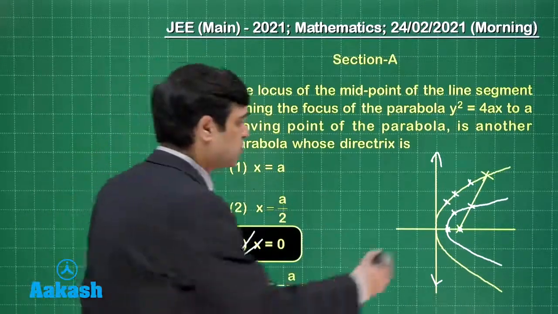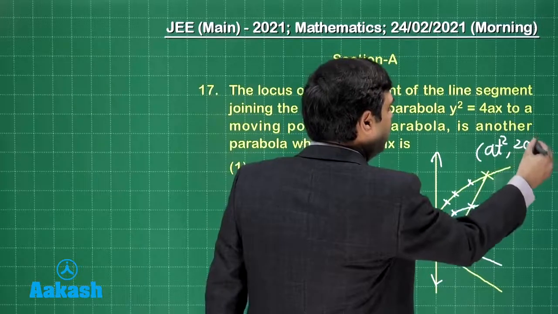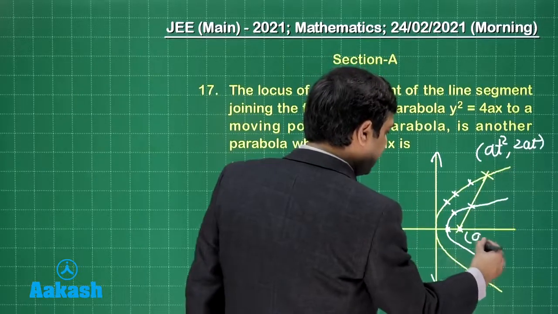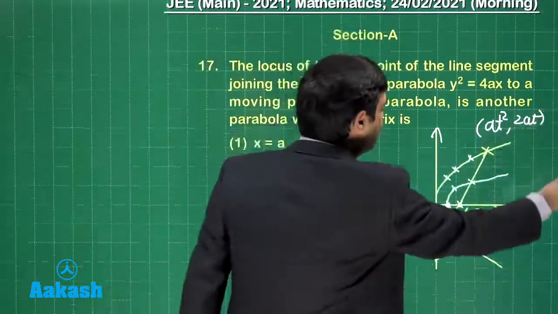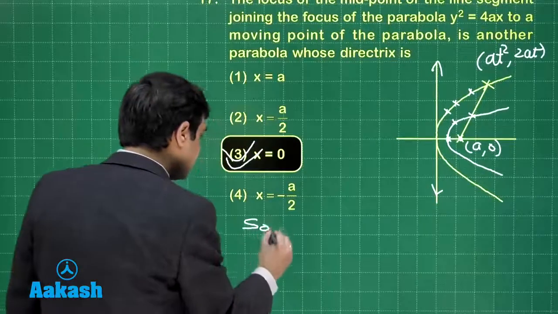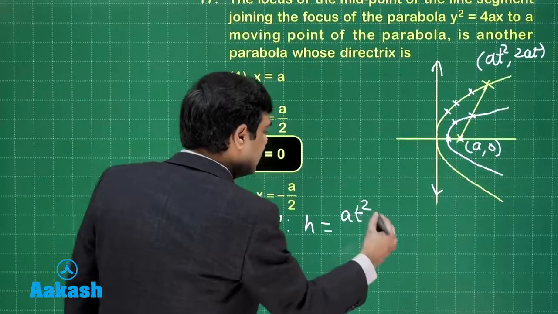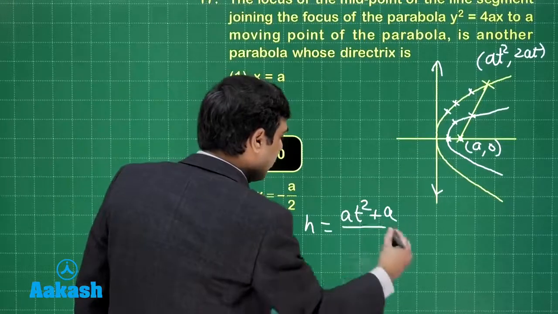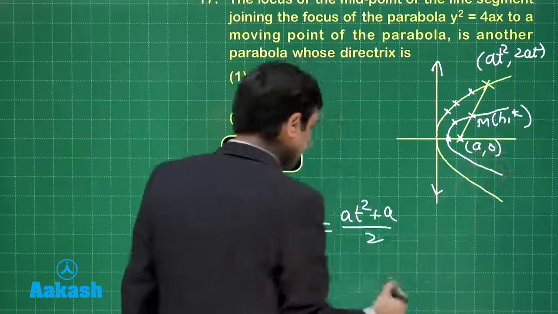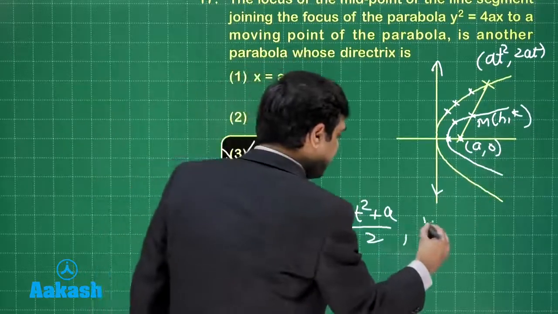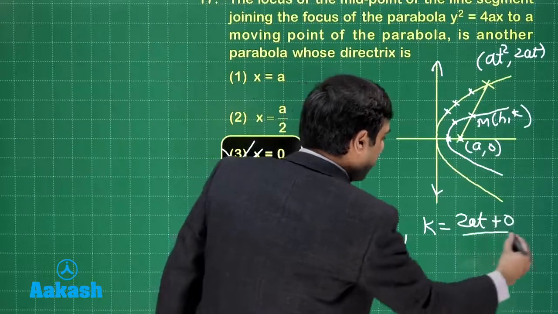Option 2, if you want to solve it, let's take the moving point as (at square, 2at) and this point as (a, 0). Correct? Now the midpoint, we have to find its locus. So alternative approach, you can say if I take the midpoint as (h, k), h is (at square plus a) upon 2, and k is (2at plus 0) upon 2.